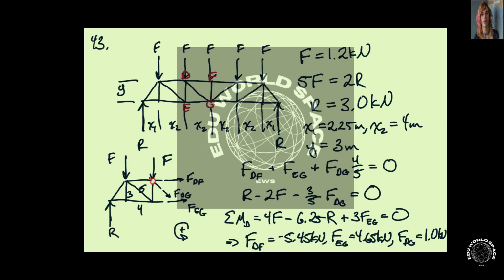And then we can take moments about whatever point we'd like, and I picked point D here, which is this point here, because that gets rid of this, this, and this. And so we take moments about this point, and this distance here was 4 meters. So we have 4 times F, it's a positive moment from this force.